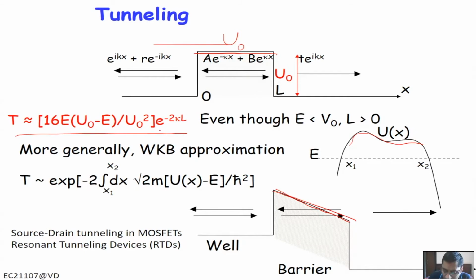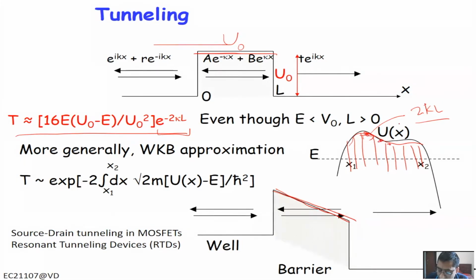The important part is basically e to the power minus 2kL. So what we can do, we can divide this barrier into a number of points, right? And for each small section, you can calculate 2kL, right? For a small section, you can assume that energy is some value.